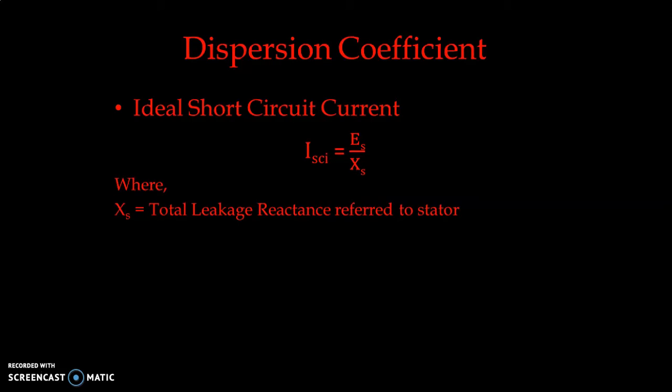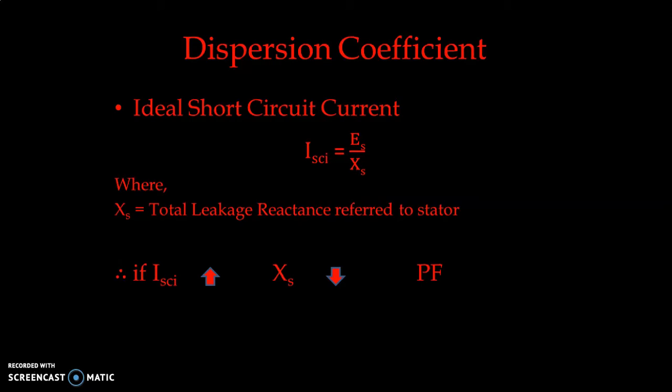If the ideal short circuit current is higher, or in other words, if the leakage reactance is less, how does it affect the power factor? If the ideal short circuit current increases, then there must be a decrease in leakage reactance, or vice versa.